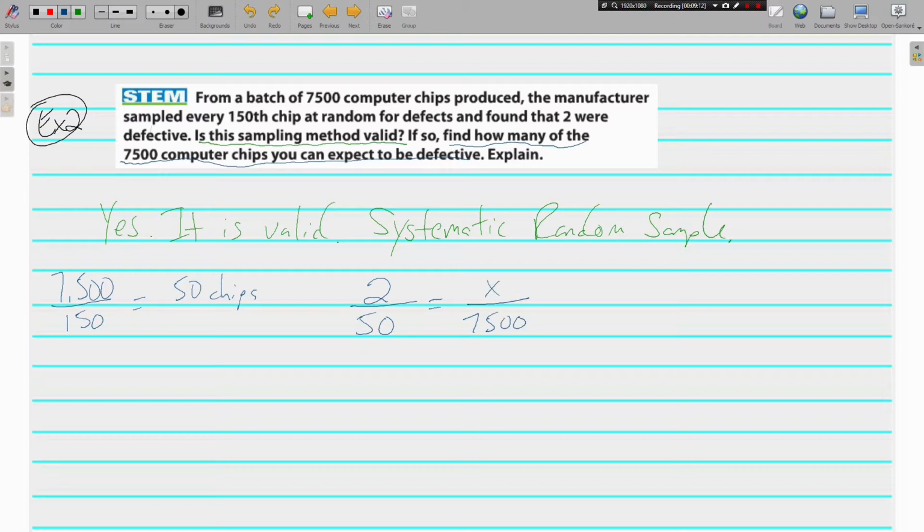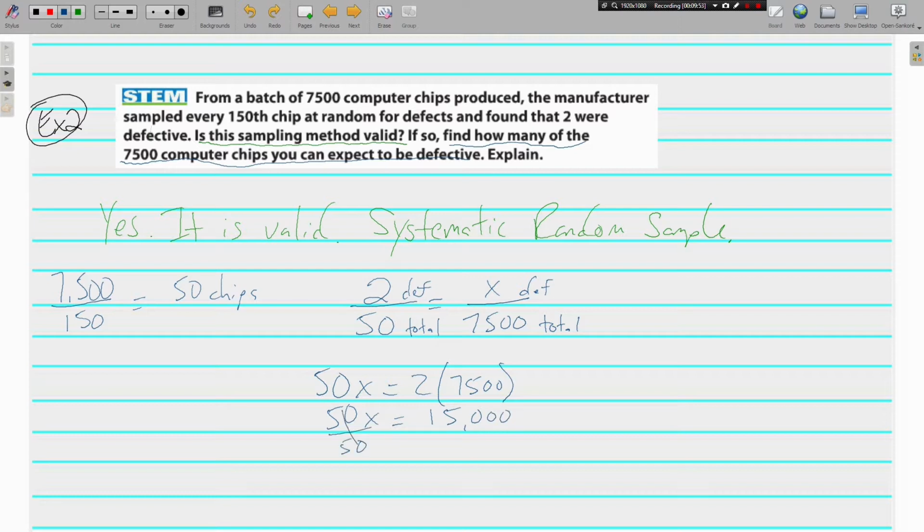Okay, nice easy proportion. I should probably double check with my labels. I usually have totals on the bottom. Total that they looked at. 2 were defective. Of course, they're all chips, but we've got defective to total and defective to total. All right, so cross products, we're going to have 50x is equal to 2 times 7,500. 50x is equal to 15,000.